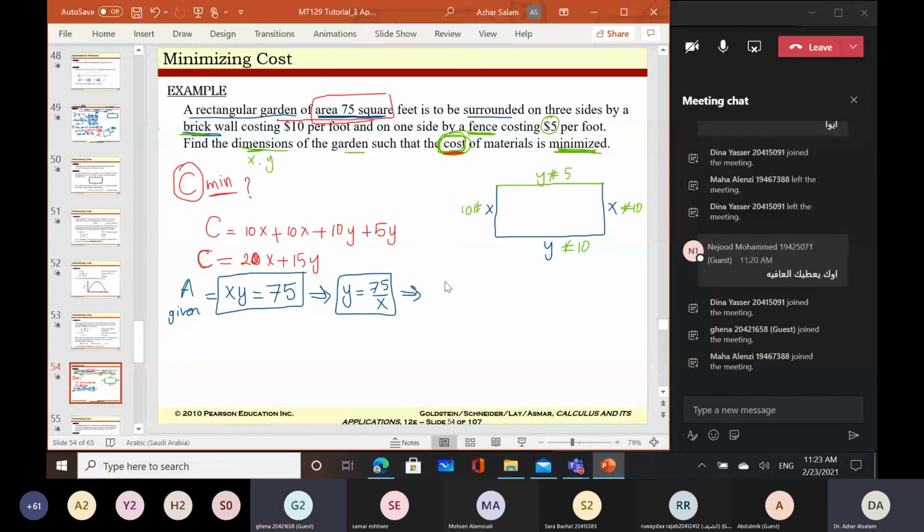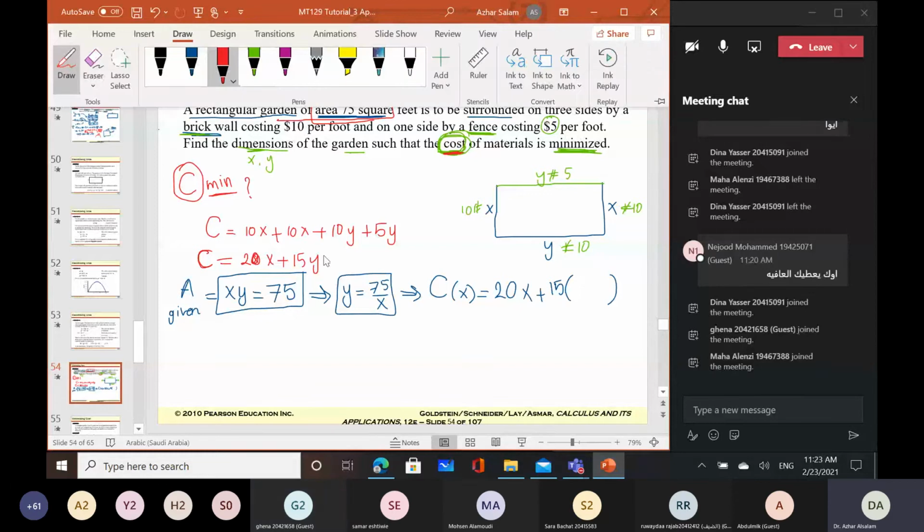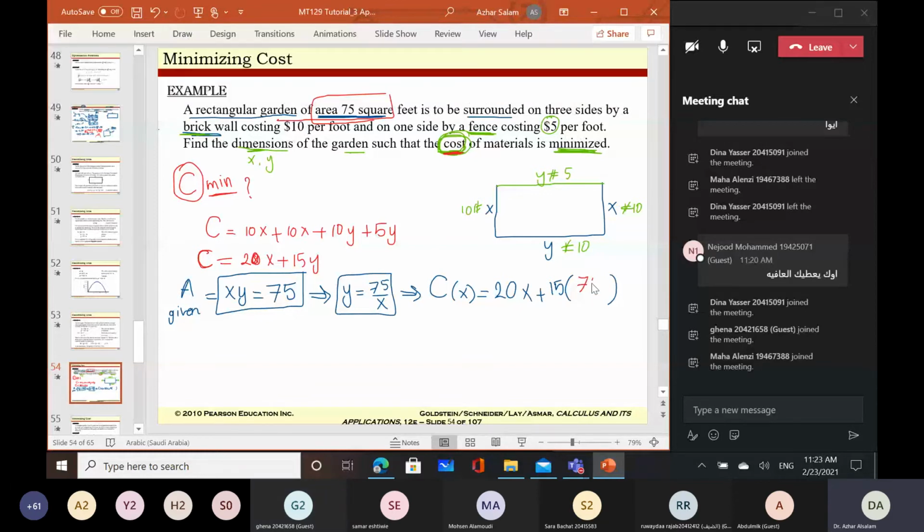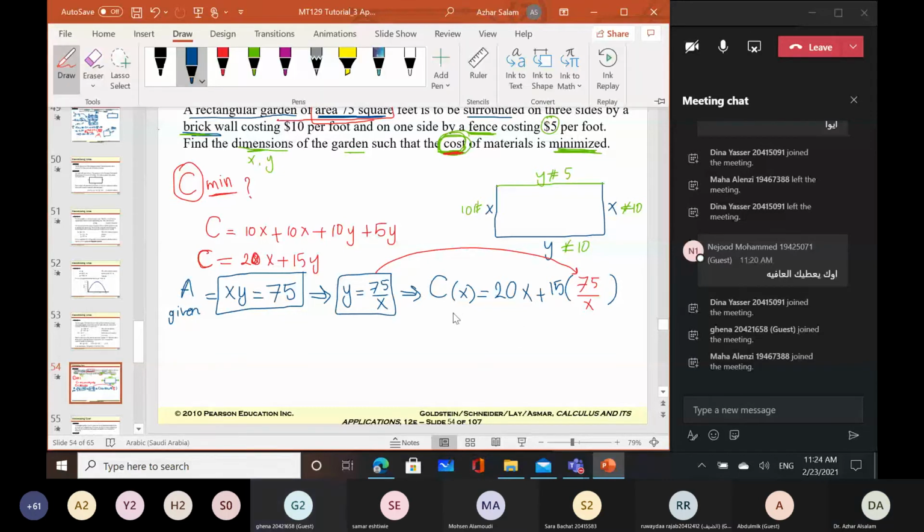I move now to the function C and write it in terms of x. It will be 20x plus 15 multiplied by y. What is the value of y? I said that y is 75 divided by x. Now I will simplify here.